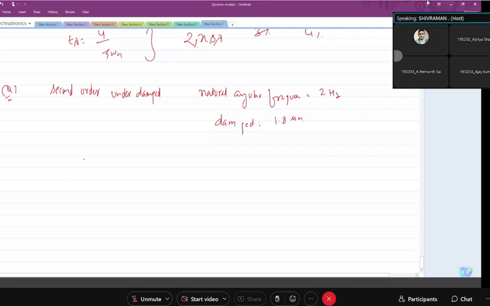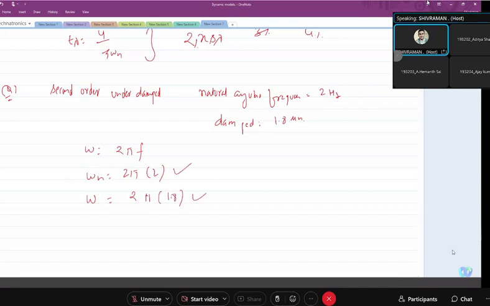So omega is equal to 2 pi f. So omega n is equal to 2 pi of 2 hertz and omega is equal to 2 pi of 1.8. So this is natural and this is in the damped condition.